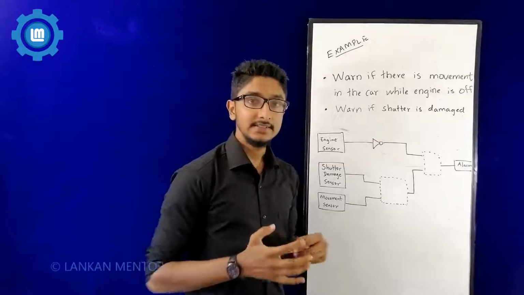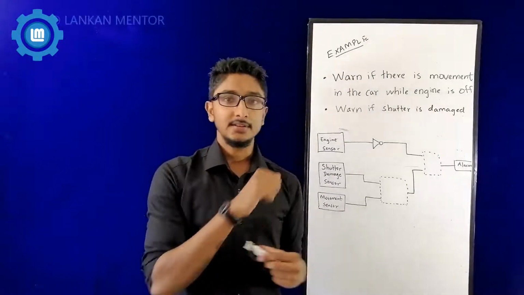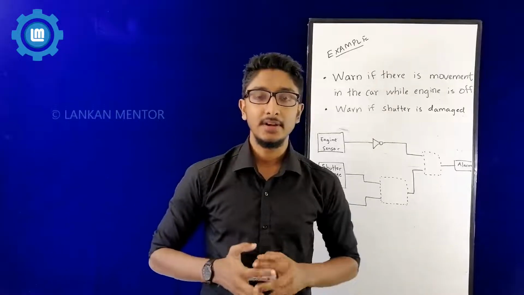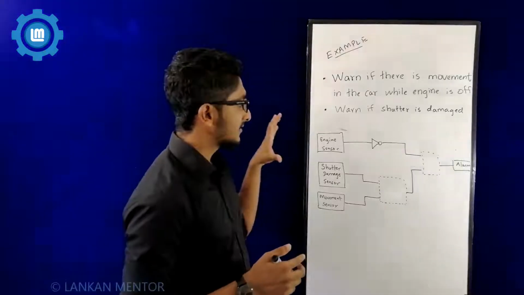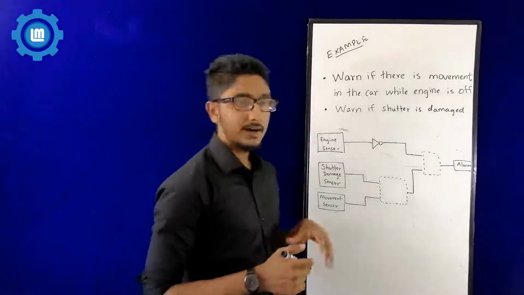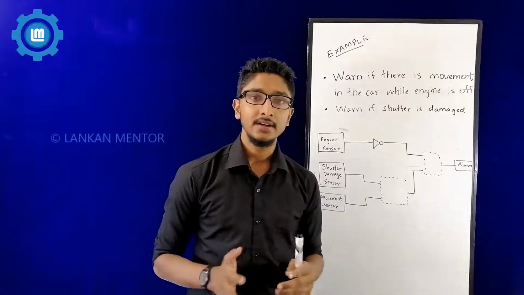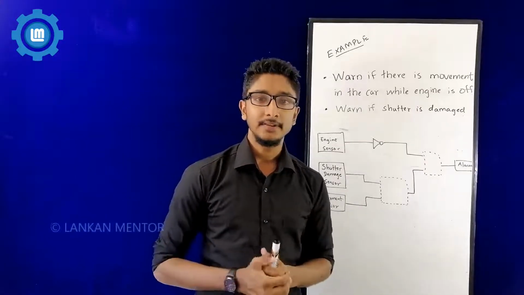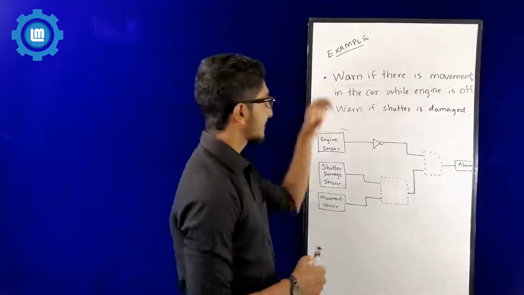Okay, now look at this example of sensors, right? This is a question from your textbook, page number 127. It is about a car protection circuit designed by a car motor manufacturing company, right? So what is the question there?